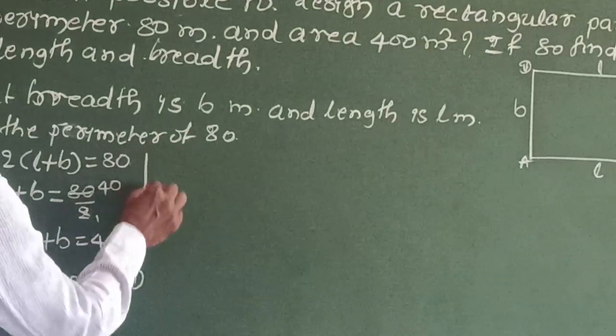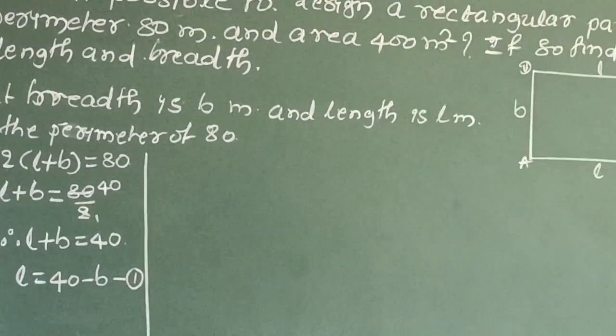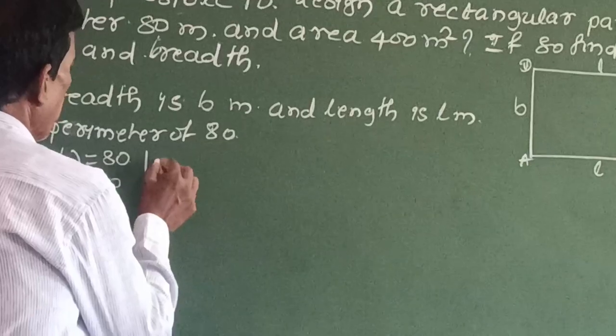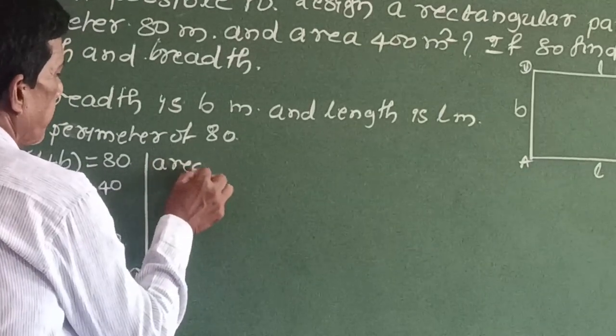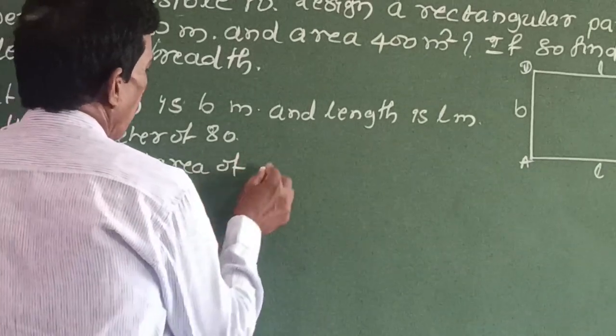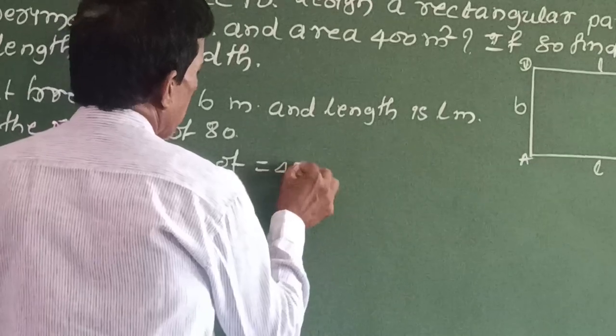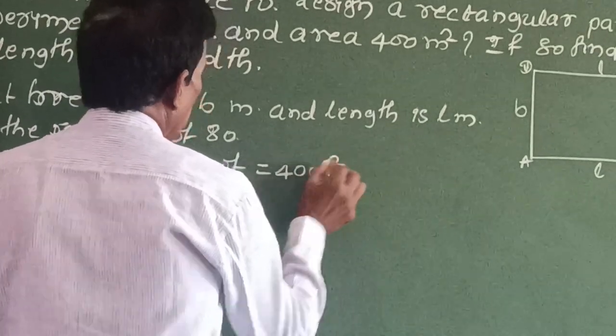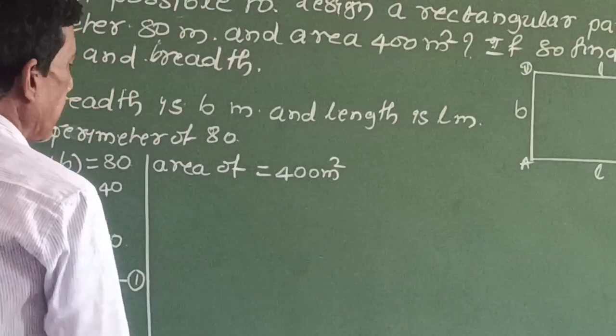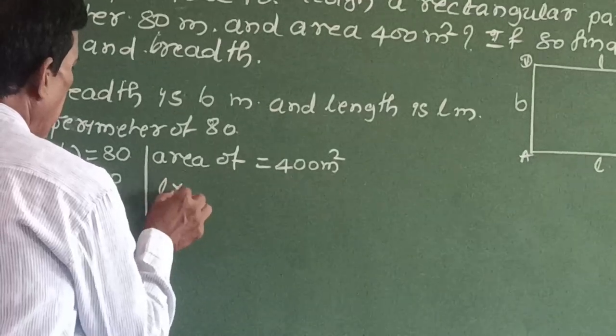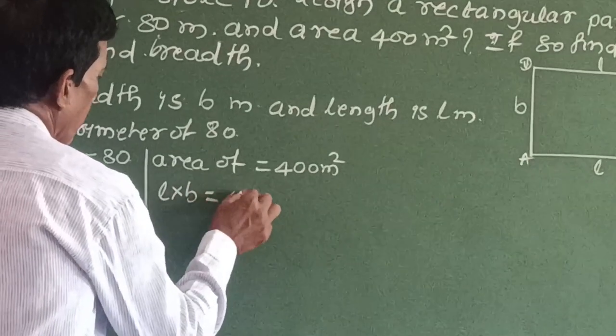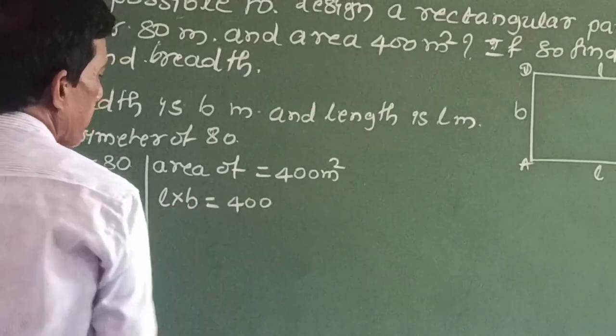And next, area is given. The area is 400 square meters. Area means L into B, so L into B equal to 400 square meters.